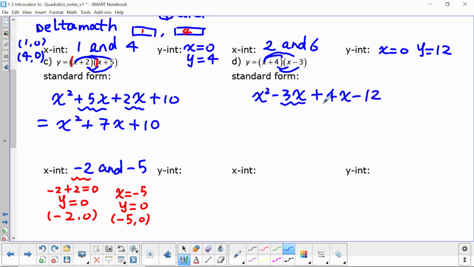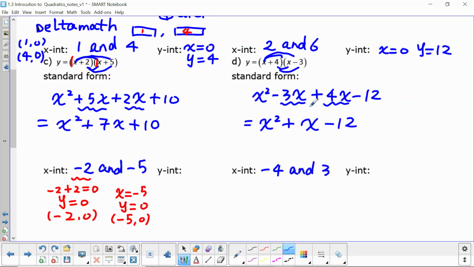Collect the like terms, same variable, same degree. Negative 3x plus 4x gives you 1x. We don't need to write the 1 at the front. By default, no number means it's 1 times x, means it's 1. Then minus 12.